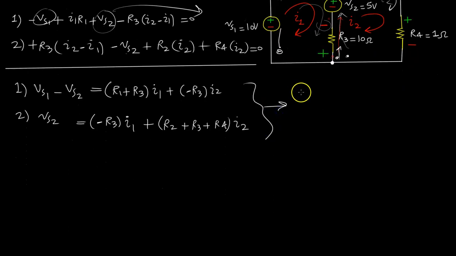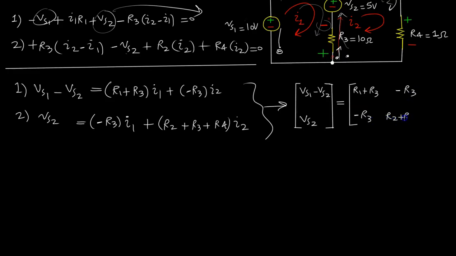So all of this simplifies to VS1 minus VS2, all of that is equal to the coefficient matrix, with minus R3 and minus R3 as the off-diagonal terms, times the vector I1, I2.